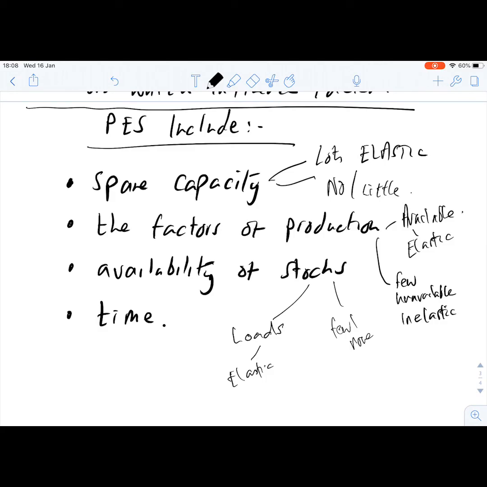And that goes nicely to our last point, which is about time. If the price goes up in the short run, supply is likely to be inelastic. It's going to take time to grow more materials. It's going to take time to recruit more people.